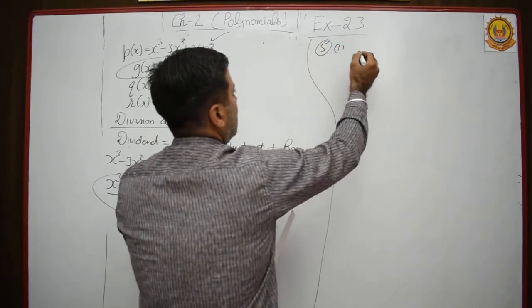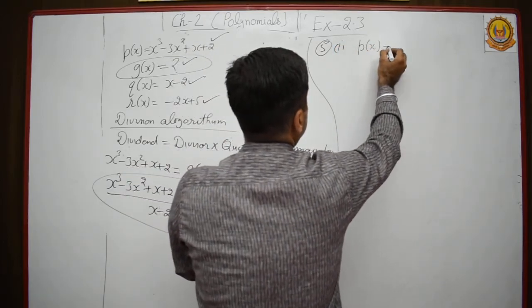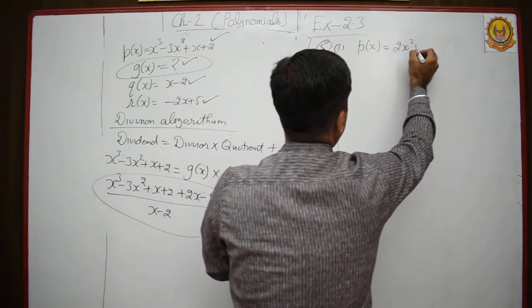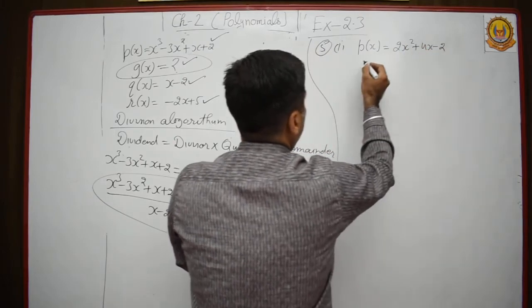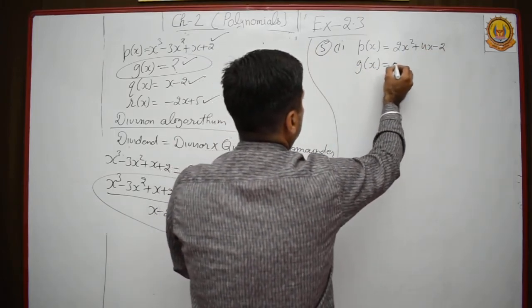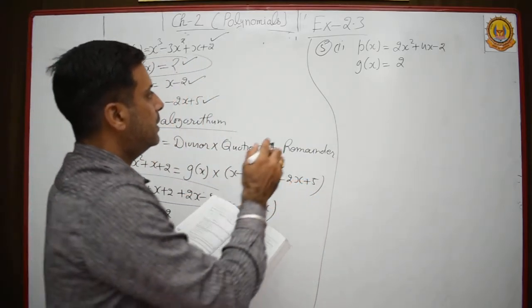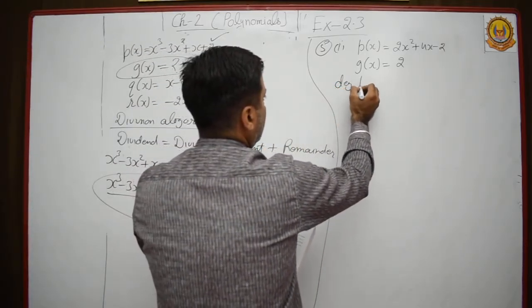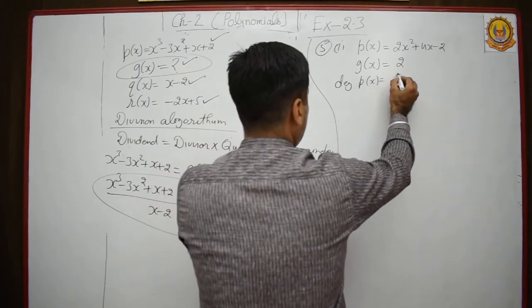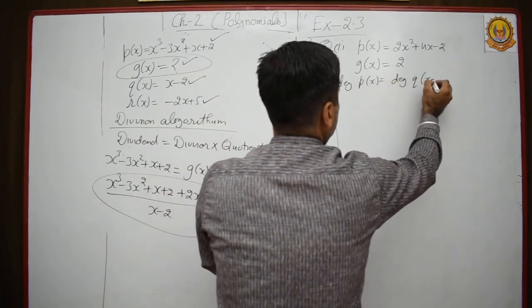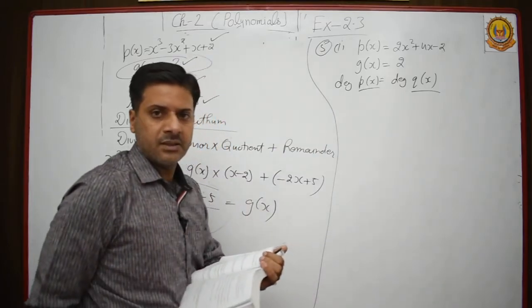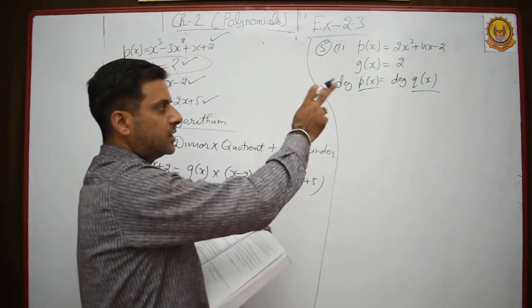one example. Suppose I am taking p of x is equal to 2x square plus 4x minus 2, and g of x I am taking 2. Okay? So here the question is, you have to verify that degree of p of x is equal to degree of q of x, that is, the degree of the quotient and p of x should be the same.